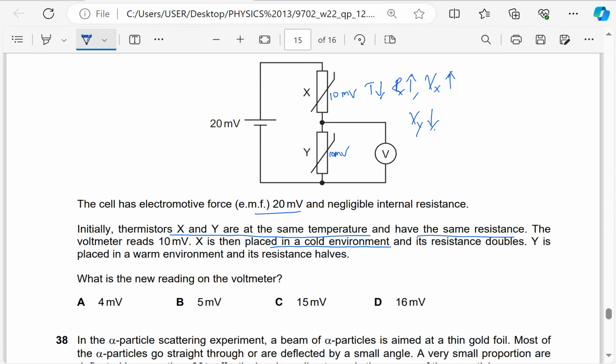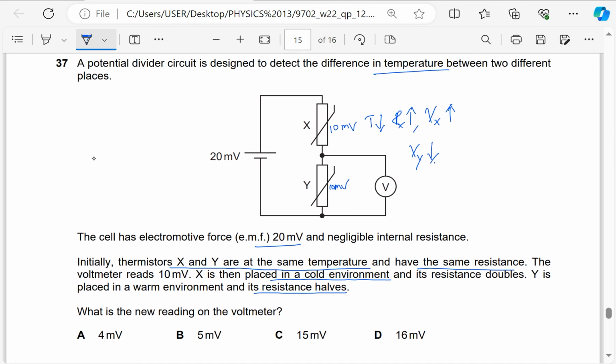But let's see what has happened here. Y is placed in a warm environment and its resistance halves. X is placed in a cold environment and its resistance doubles. So here I will use a calculation, the potential divider formula. PD across Y is V out equal to R out divided by total resistance times the voltage supply.